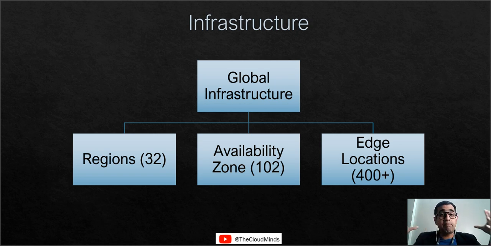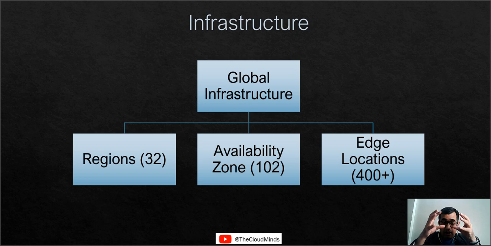Now there are many servers located in a huge warehouse, and these warehouses are called data centers. When you combine two to three or more data centers, you call it one availability zone, because that zone is a physical zone which is available for you to deploy your resources. That's the reason why it is called the availability zone. An availability zone can have one or more data centers.